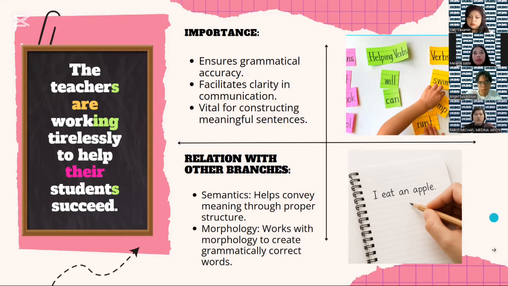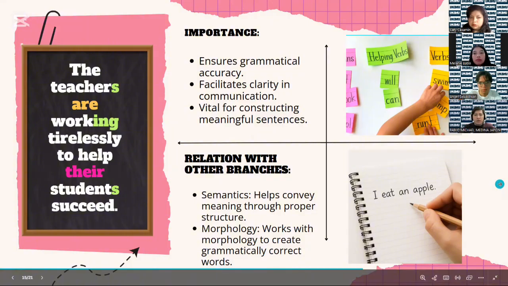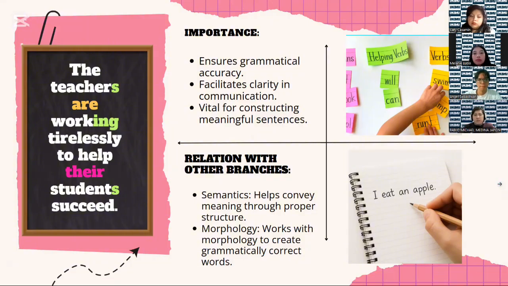They work together to form complete and correct expressions. My classmates are going to talk about more of these topics. So in short, syntax is like the blueprint to build sentences. Without it, our language would be messy, confusing, and much harder to understand.